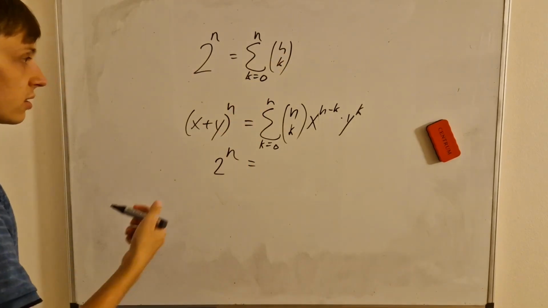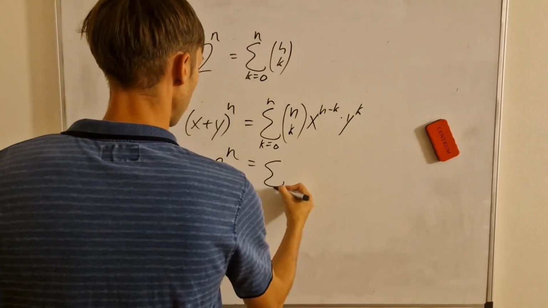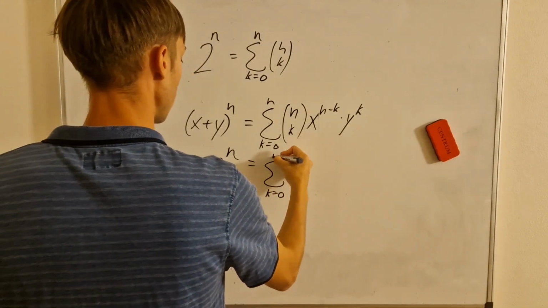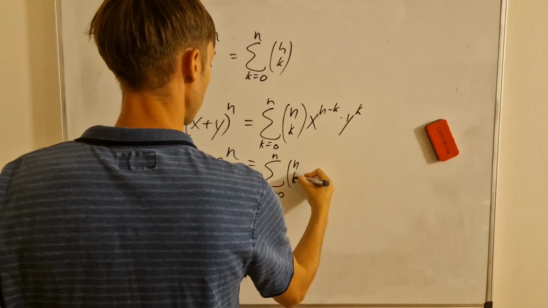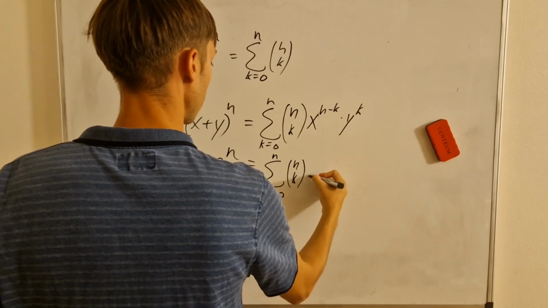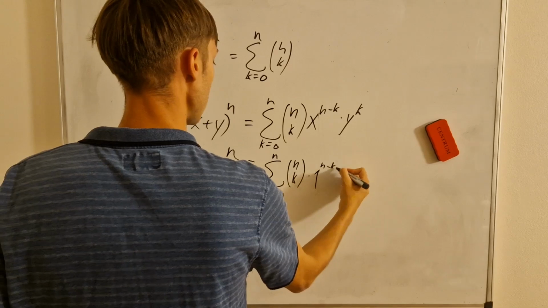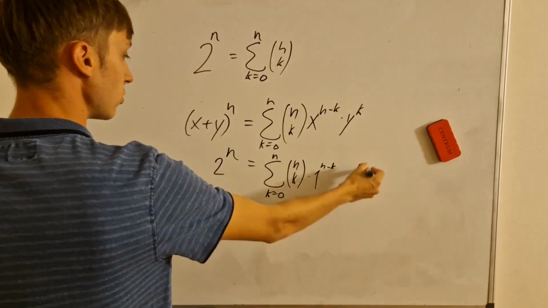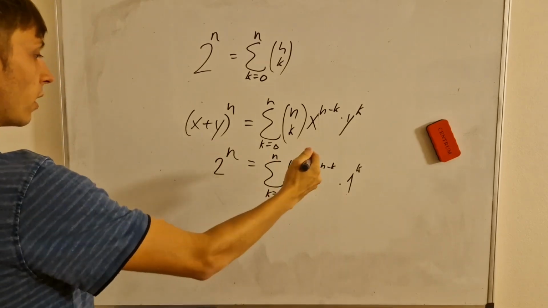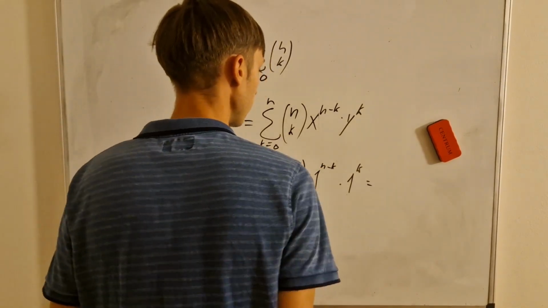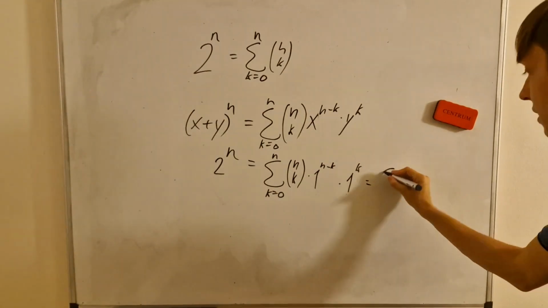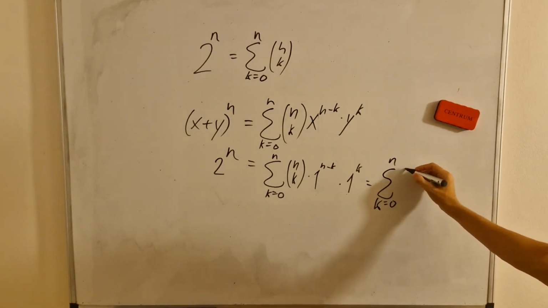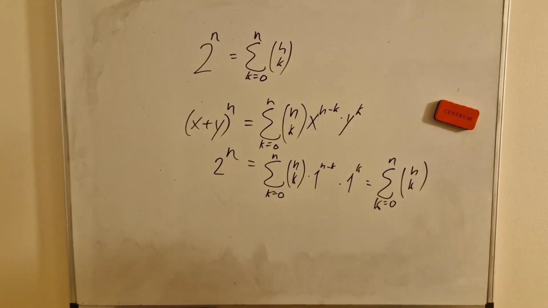So here is how it works. I'm going to rewrite everything and write 1 instead of x and y. So I get times 1 to the n minus k times, and y is also 1 to the k. And this together reduces into 1. So all that is then left in this expression is the sum from k equals 0 until n of only the coefficient itself.